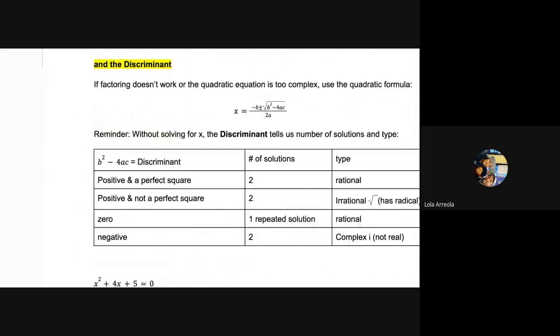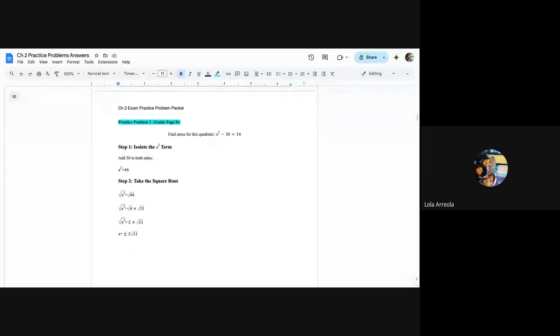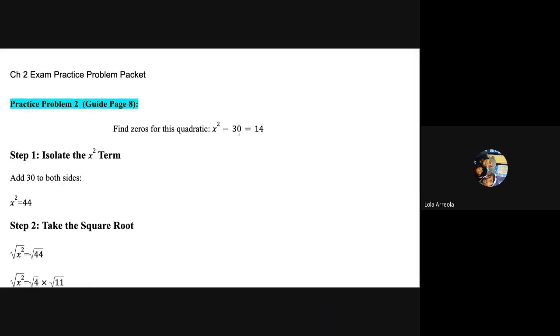Just like the problem that's given, we don't need to factor. Instead, what we do is we basically set the x squared equal to the number. Okay? The number that's given. So if we go back to the problem, we have x squared minus 30. So 30 and 14, they're basically c terms that we could combine.